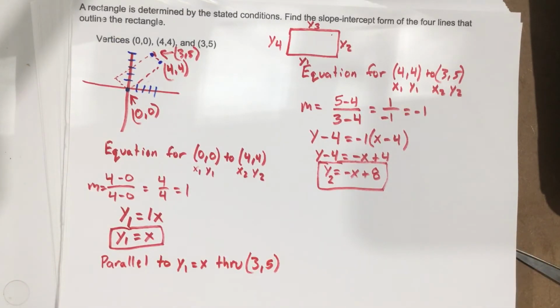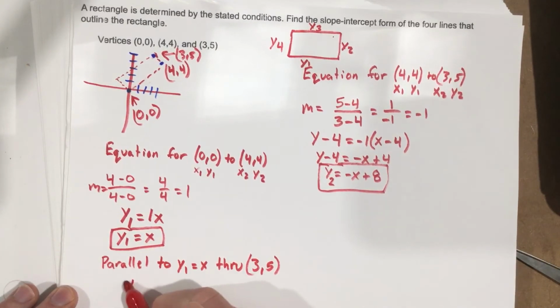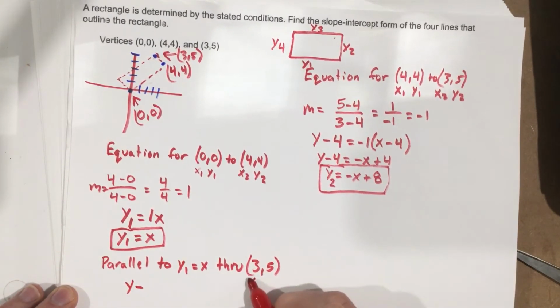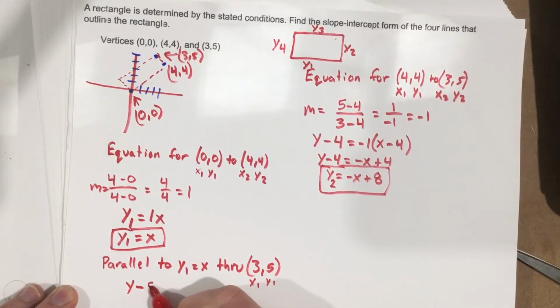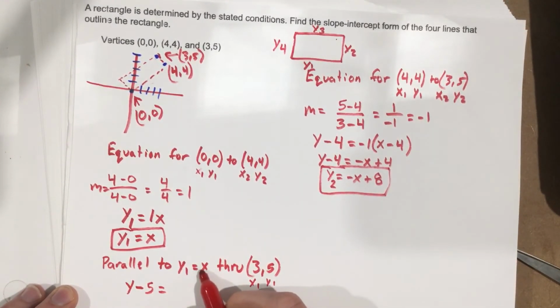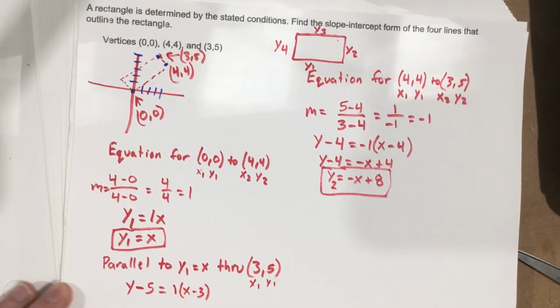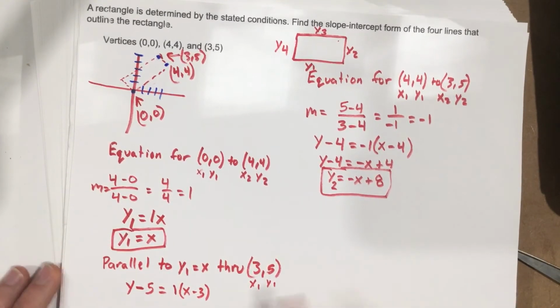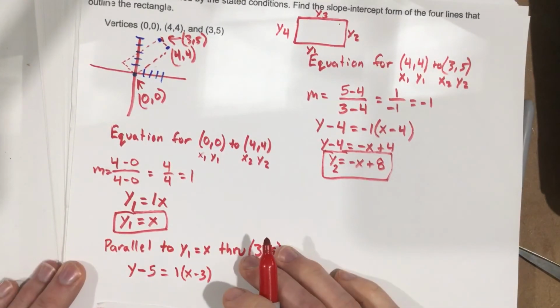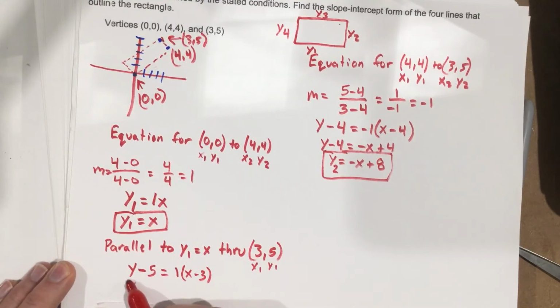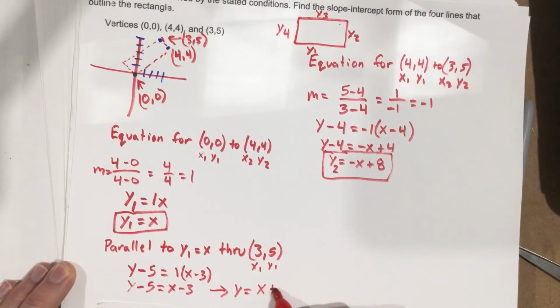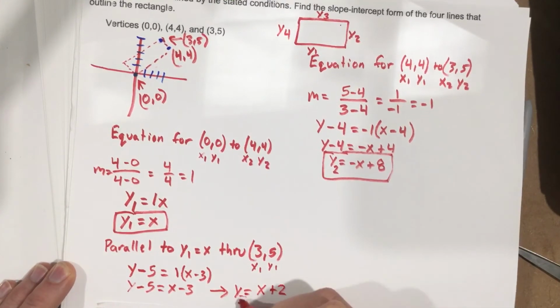We start with point-slope form: y minus 5 equals 1 times x minus 3, which is y minus 5 equals x minus 3. Add the 5 over, and we end up with y equals x plus 2. So this is y3.